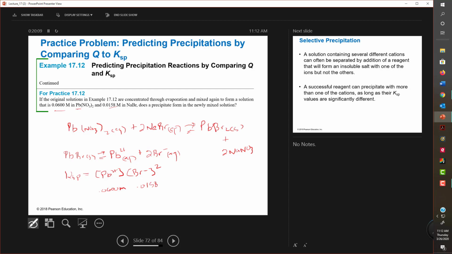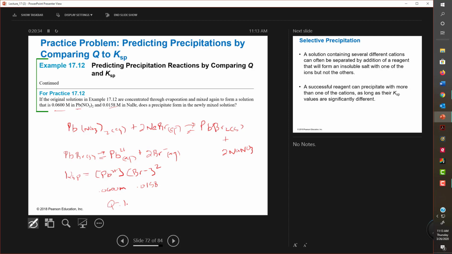All right, so let's calculate that out and see what we get for an answer. We have 0.06 times 0.0158 squared, 1.49 times 10 to the negative 5th, or let's just say 1.50 times 10 to the negative 5th. So this is Q. This is not KSP.